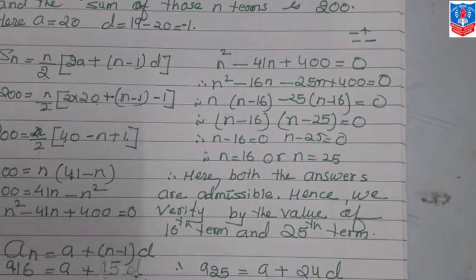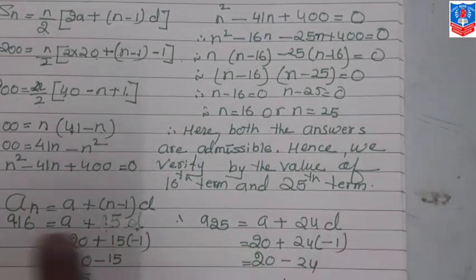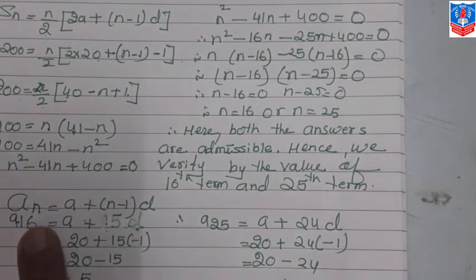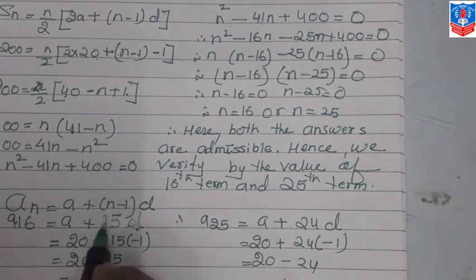हमें क्या बोला है कि हमें find out करना है. Here the question is given, the 16th term and the 25th term. हम करेंगे first a16, that is a plus 15d, 16 minus 1.